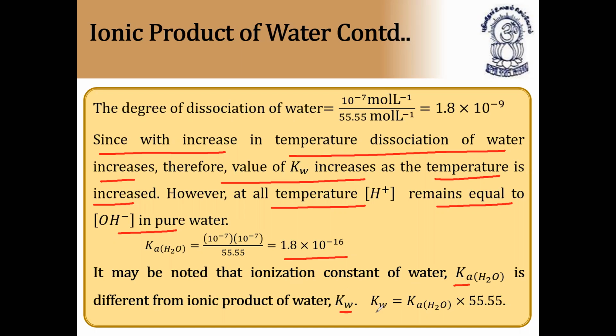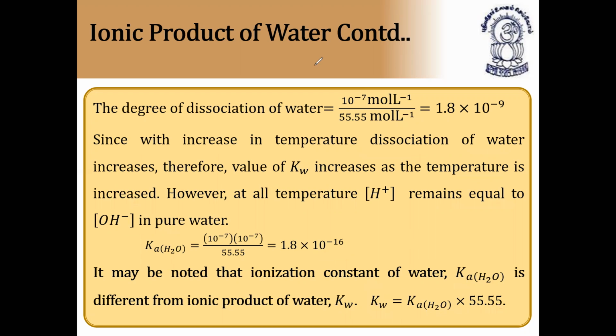Why? Because the ionic product of water is equal to Ka of H2O into 55.5. This is very, very important. Please note down. These relations you will not find in textbooks, so better you copy them down so that you understand better how you got the ionic product of water value.